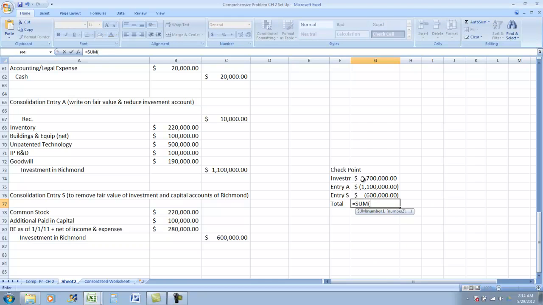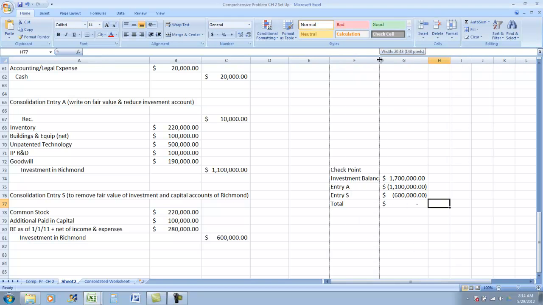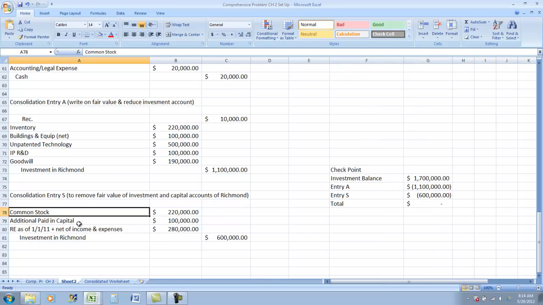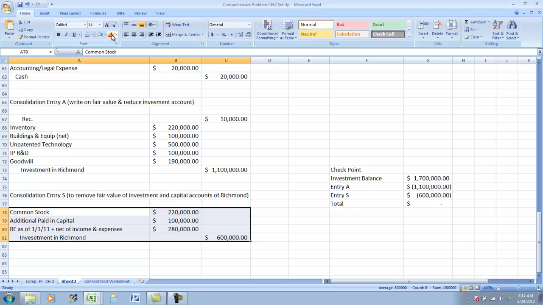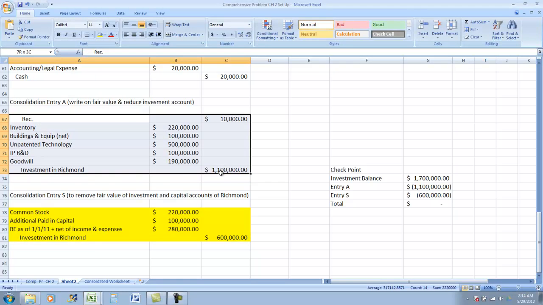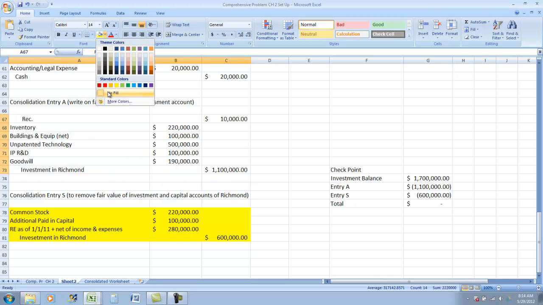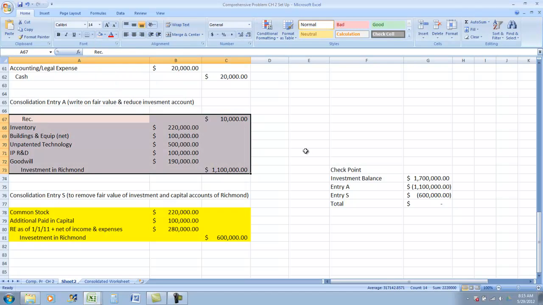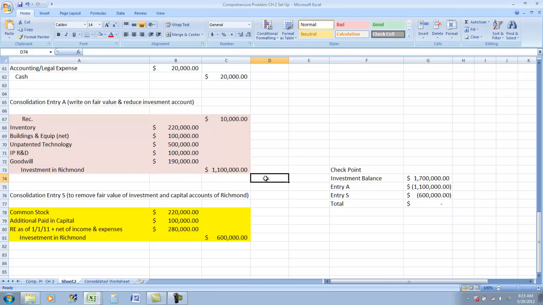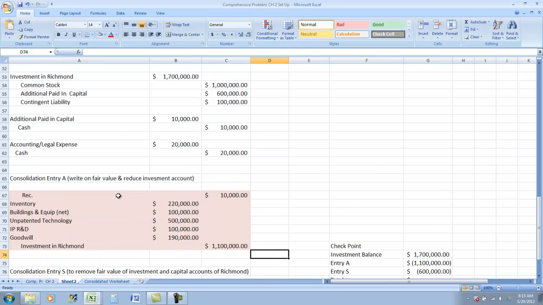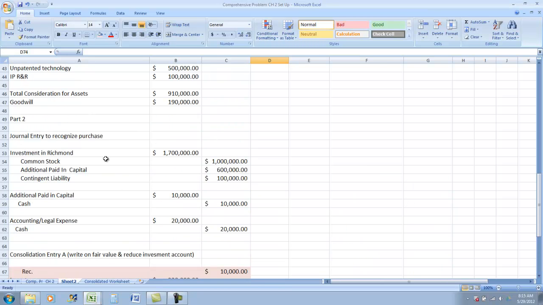If we did it correctly, we should get 0. Good deal. Okay. So I'm going to color code these. I'm going to make this yellow, and I'm going to make this red.